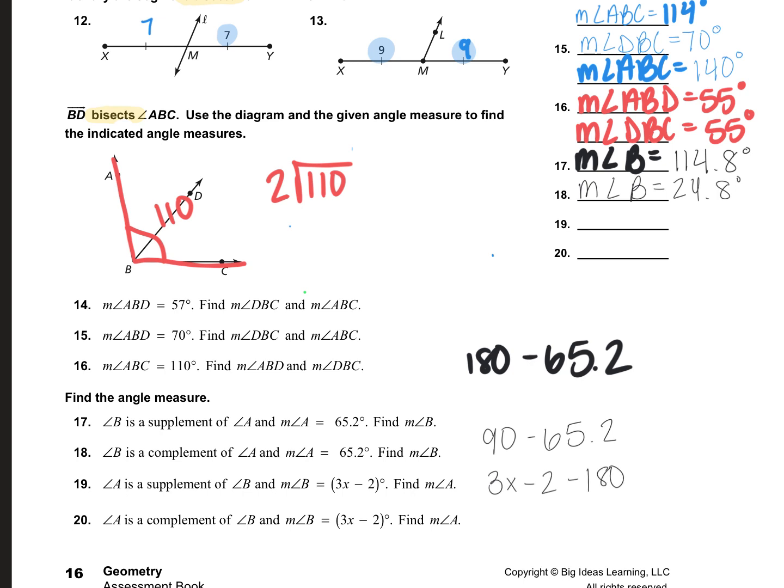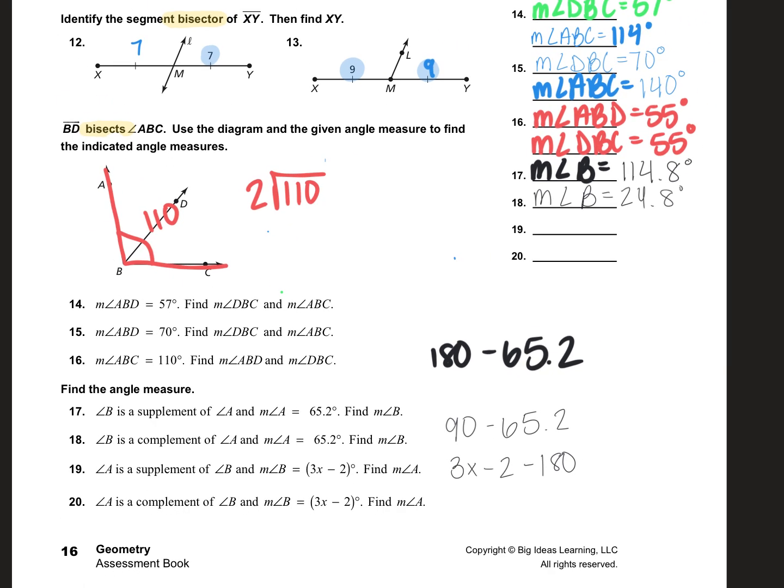If I solve this correctly, what would I get as an answer? Combining my like terms, negative 2 and negative 180, I'm going to get 3x minus 182, and that is my answer. I can't do anything else. So the measure of angle A is 3x minus 182 degrees.